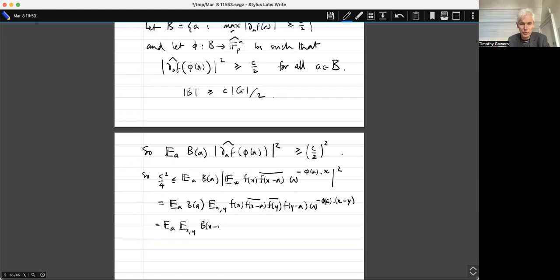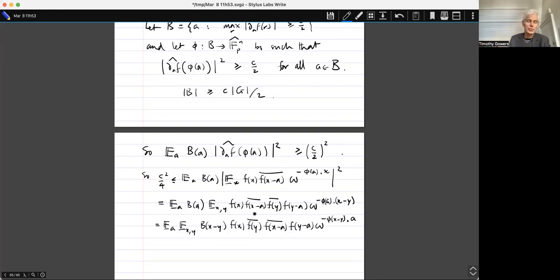B of x minus y, then f of x, f of y bar, f of x minus a bar, f of y minus a, omega to the minus phi of x minus y. So a, recall, has changed to x minus y, and x minus y has changed into an a.